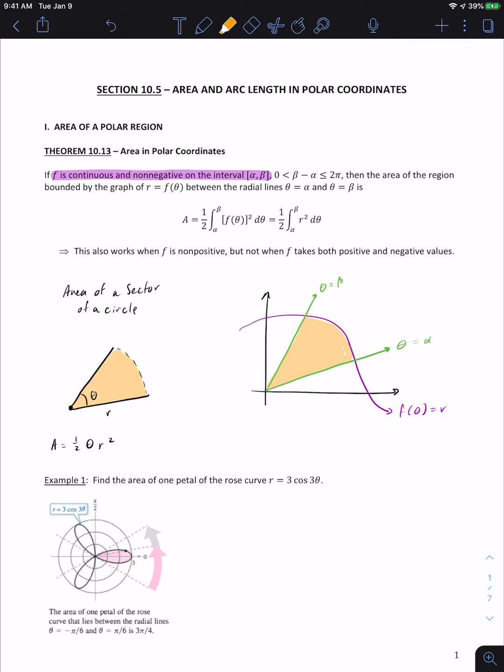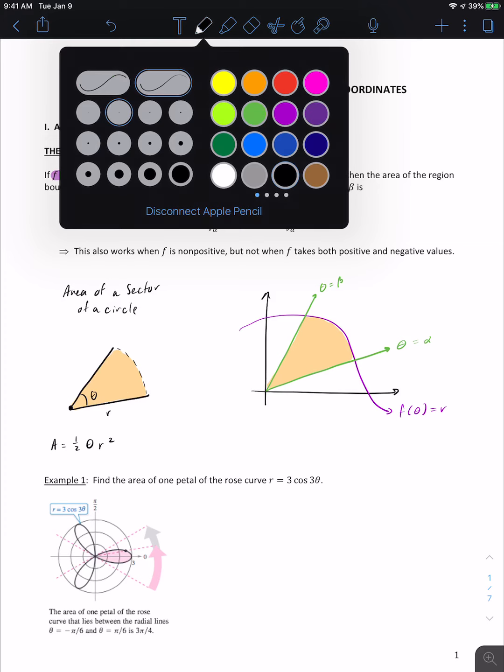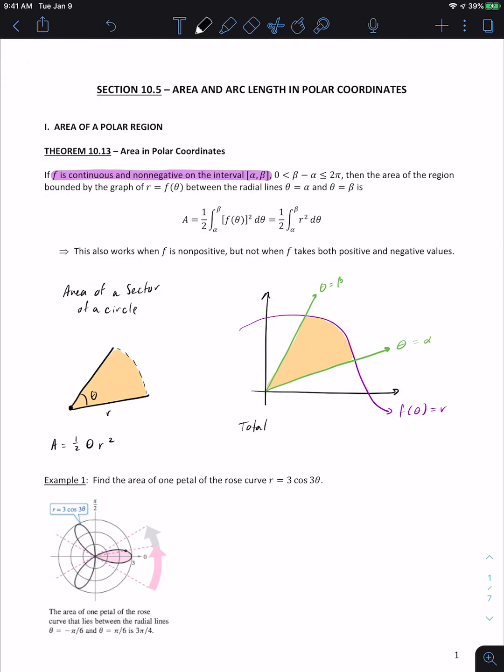Well, to find this total area, I can think about having a bunch of little sectors like this. If I put a bunch of these little sectors in there that look like this one right here, this would be a delta theta, because my angle is changing a little bit. This would be a delta theta, and this would be a delta theta.